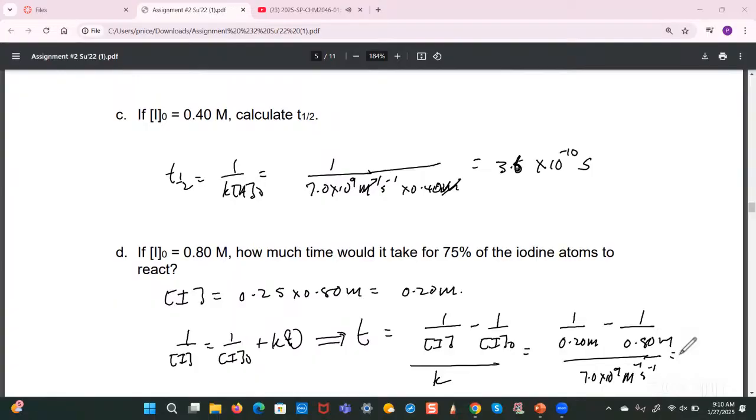And let's see what that gives. 5 minus 1.25, that is, I divide that by 7 times 10 to the 9. So according to my calculations, I got 5.4 times 10 to the minus 10, and the units here would be seconds.